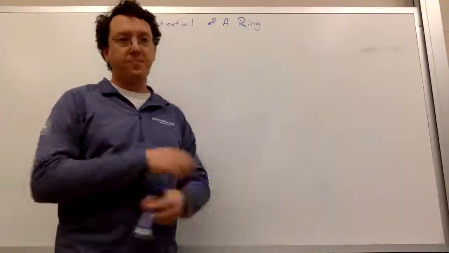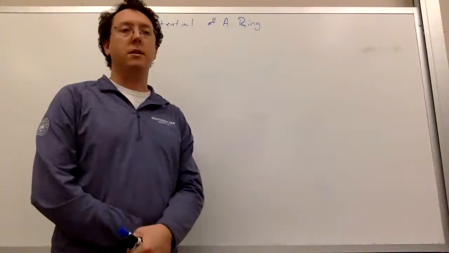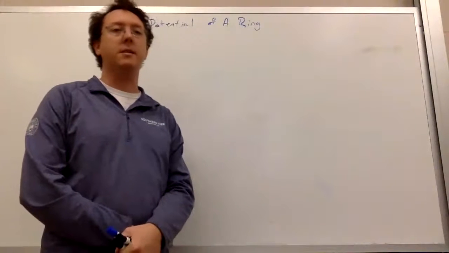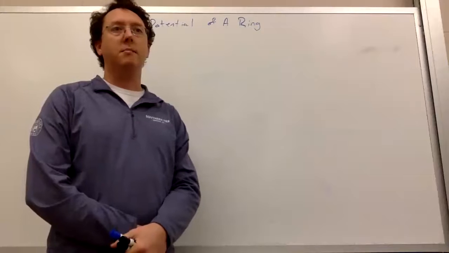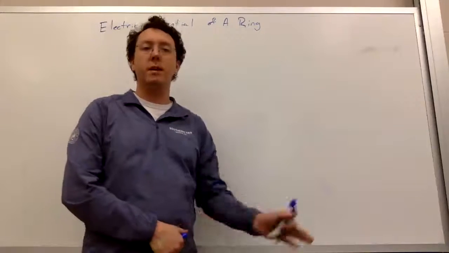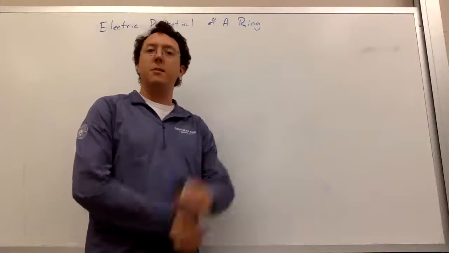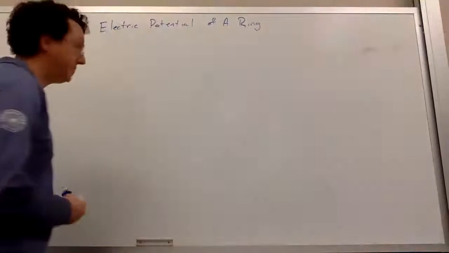And then we'll branch out and start talking about capacitance and then current and resistance and circuits. So that's the plan over the next few videos. So anyways, let's get into this.